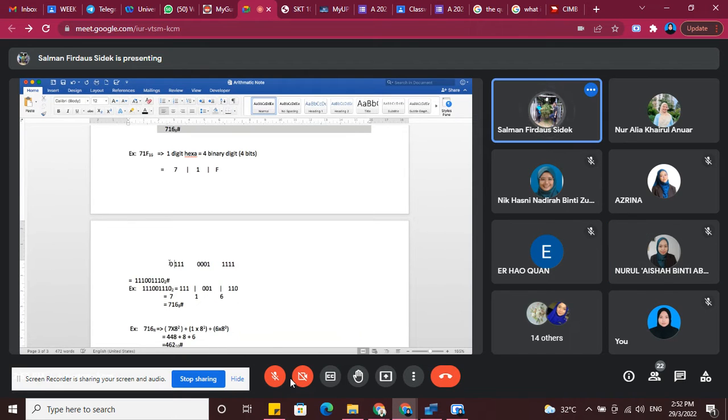Okay, setelah selesai, so this is the answer for hexa to binary.